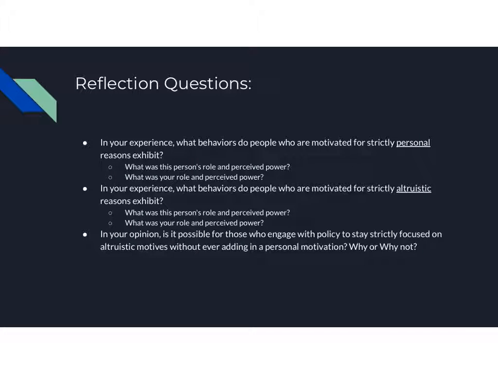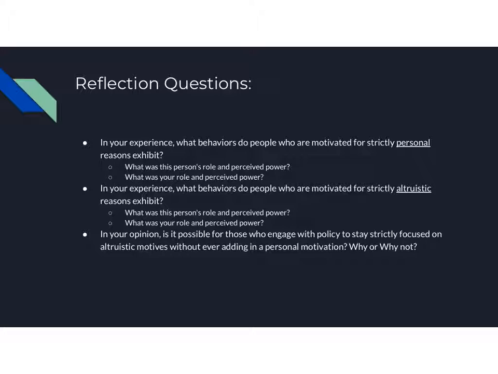So here are some reflection questions. In your experience, what behaviors do people who are motivated for strictly personal reasons exhibit? So what are those behaviors? And then you can reflect on what was the person's role and what was their perceived power, and then what was your role and your perceived power. So again, this is from your experience.